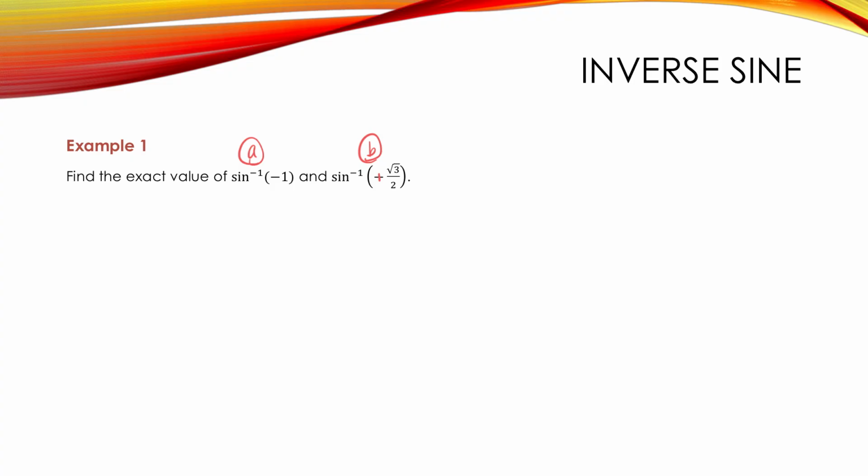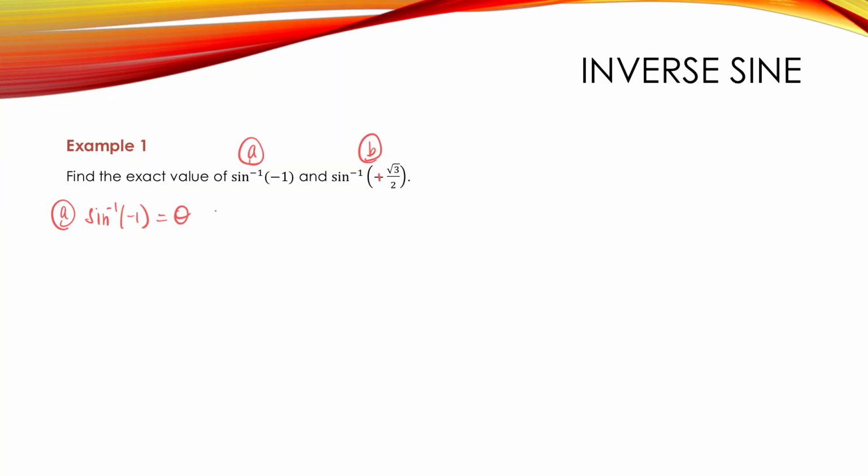And what we're really looking for here is, if A says, what is the inverse sine of negative 1? Then I'm going to call it some angle theta. I don't know what theta is yet, but that's what I'm trying to solve for.